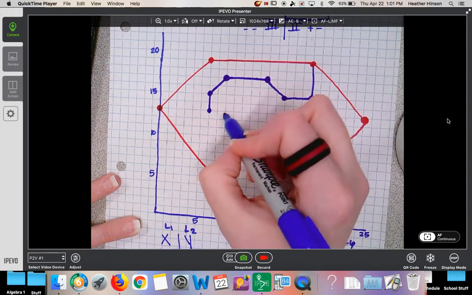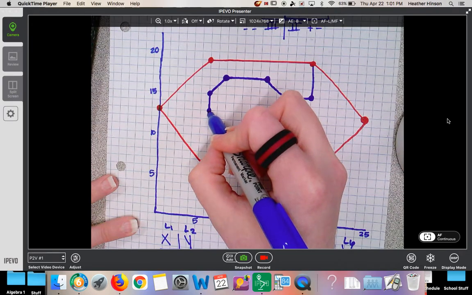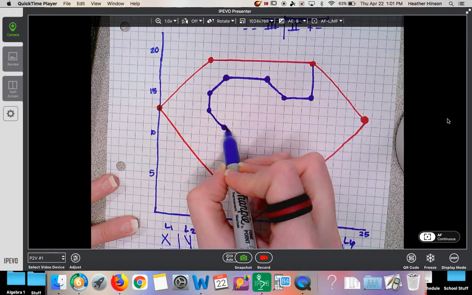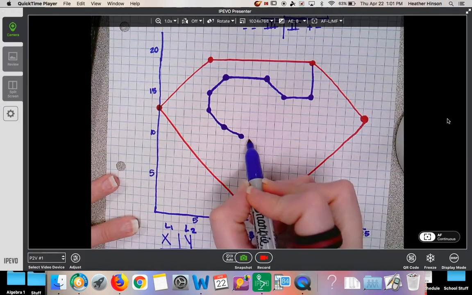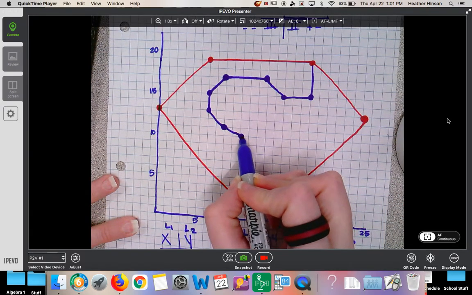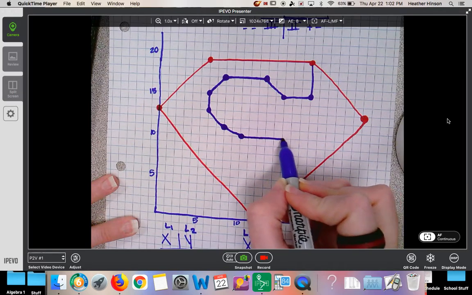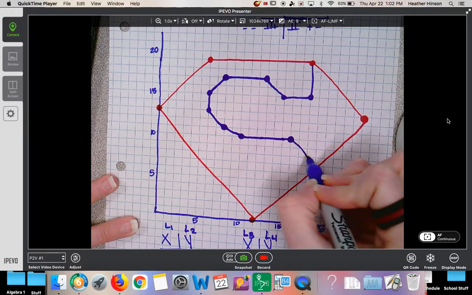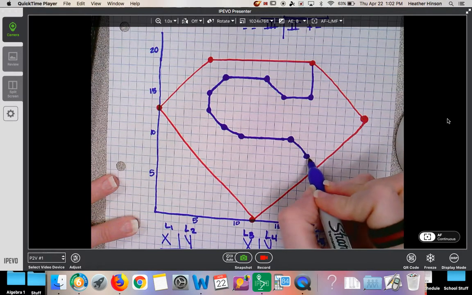And again, it doesn't have to be perfect. You just want to be able to recognize what it is. So every different slope you have here needs a different point. So every time I change directions, I'm putting a different point on it.